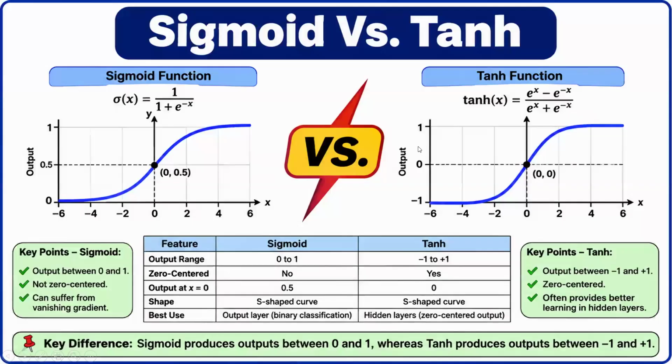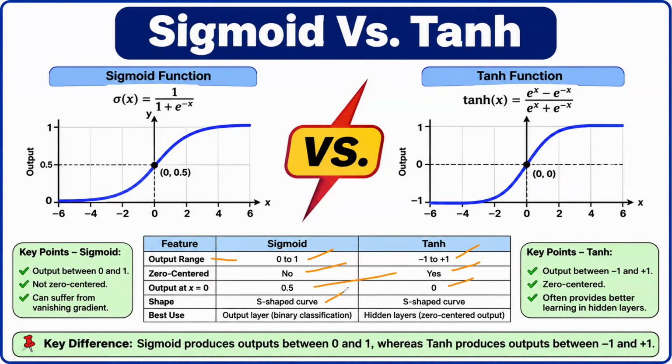So now next is sigmoid versus tanh. What is the difference between sigmoid and tanh? First of all, the output ranges from 0 to 1 in sigmoid, while in tanh it is -1 to 1. Here the sigmoid is not zero centered, tanh is zero centered. For x is equal to 0, sigmoid output is 0.5, while tanh output is 0.